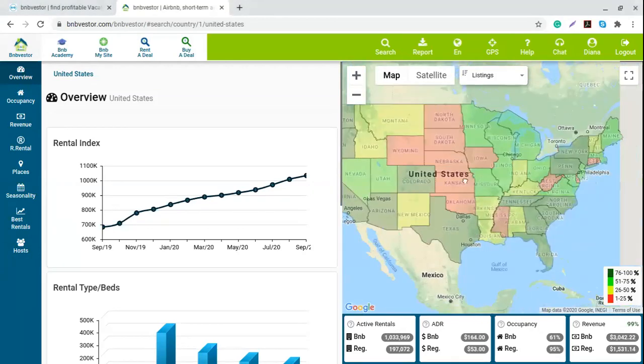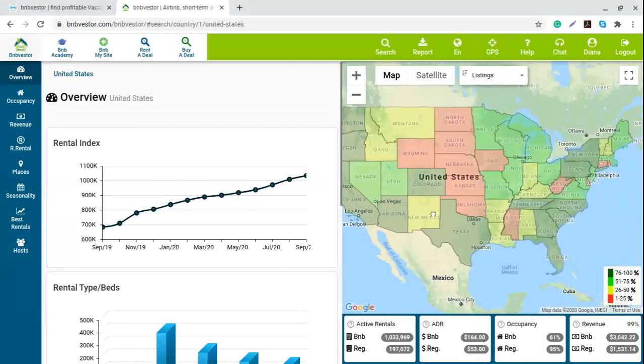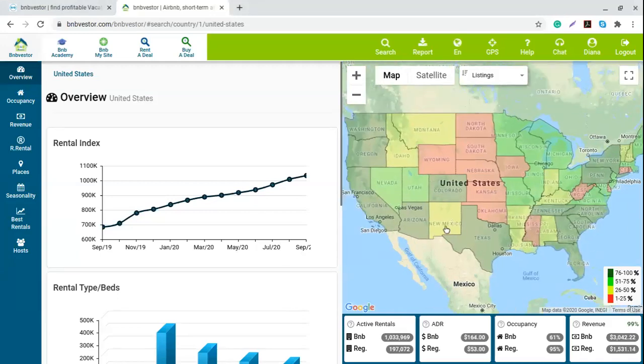And you can see in the entire country what are the best areas or the best states that you can invest in on B&BVestor. The map right here to our right side is divided by colors. So you will see green, lighter green, yellow, and red.